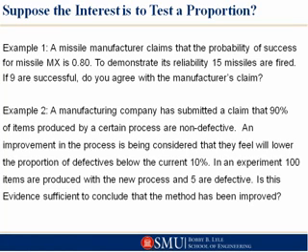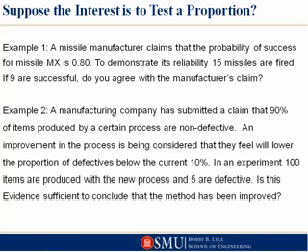Example 2, a manufacturing company has submitted a claim that 90% of the items produced on a certain process are non-defective. An improvement to the process is being considered that they feel will lower the proportion of defectives below the current 10%. So 90% are non-defective, so therefore 10% are defective.